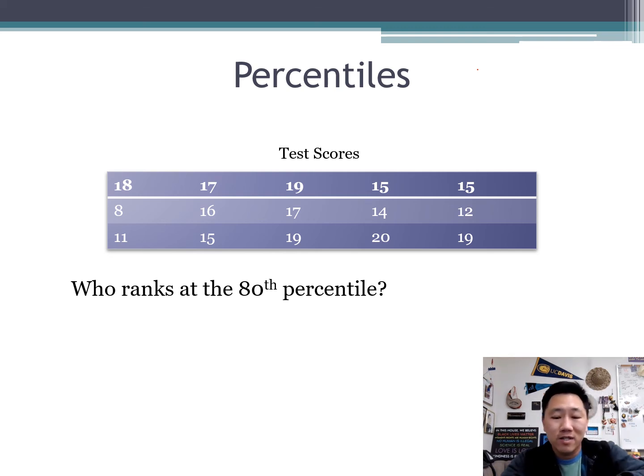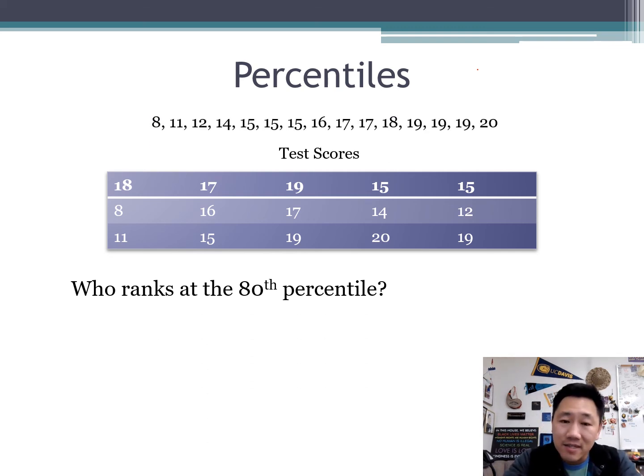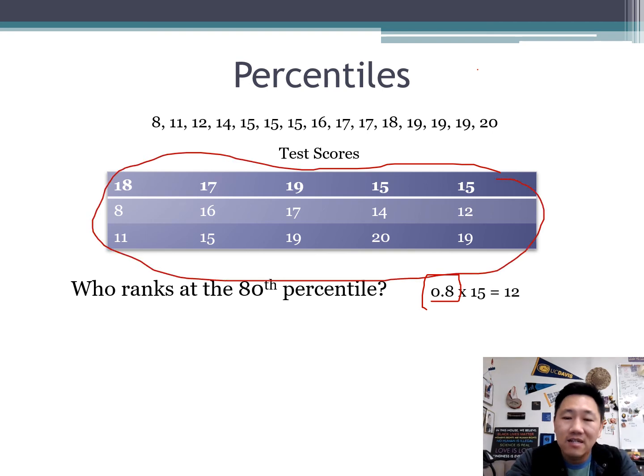The first thing you want to do is take your data and list it from least to greatest. Then you're going to do some calculations. The 80th percentile is just 80%, so 0.8, and then multiply it by however many scores there are. In this case, there were 15 numbers, and so we have the 12th spot.